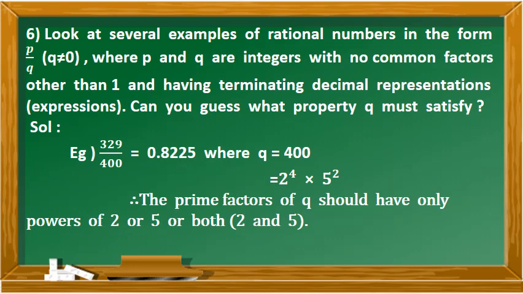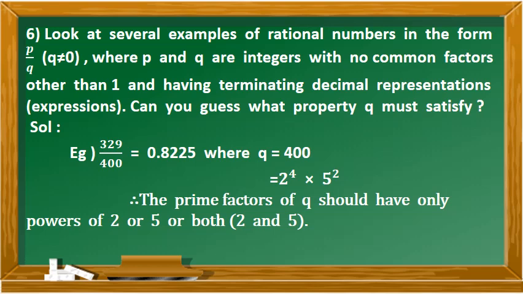We will go on to the sixth sum. Look at several examples of rational numbers in the form of P by Q, where Q is not equal to 0, where P and Q are integers with no common factors other than 1 and having terminating decimal representations. Can you guess what property Q must satisfy?